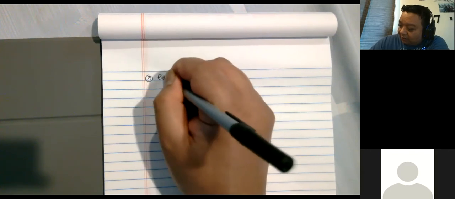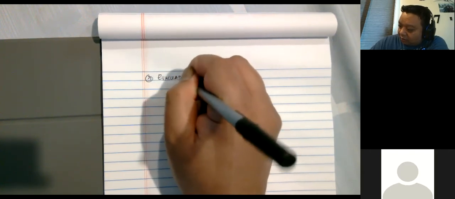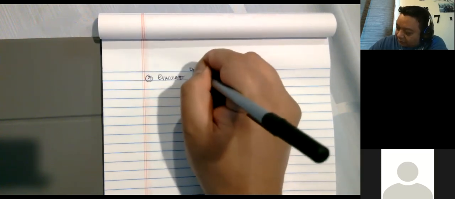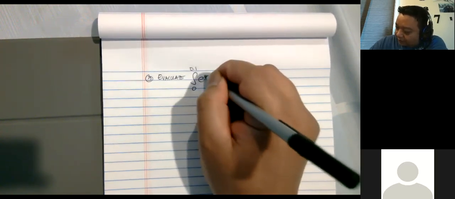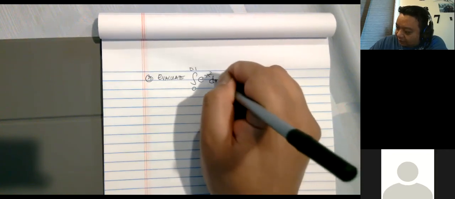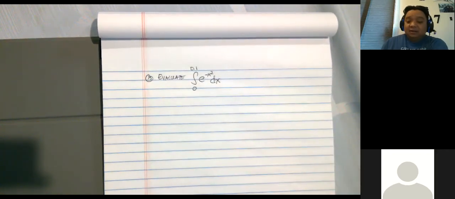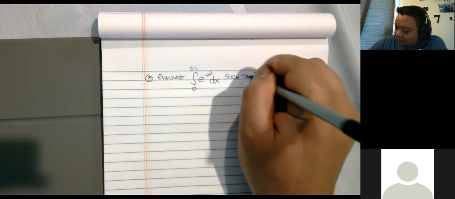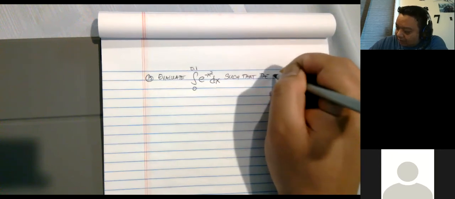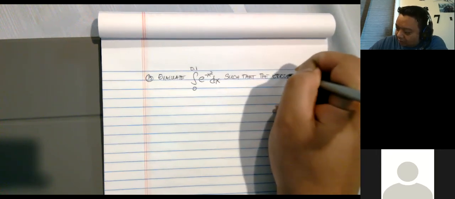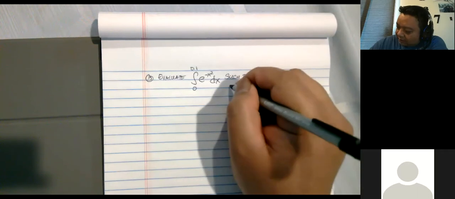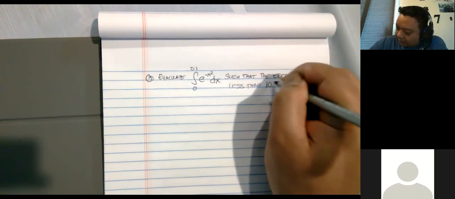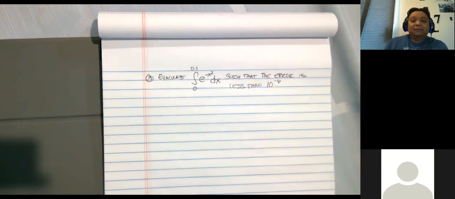So evaluate the integral from 0 to 0.1 of e to the negative x squared dx such that the error is less than 10 to the minus 6 power.